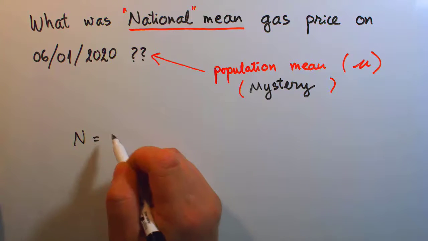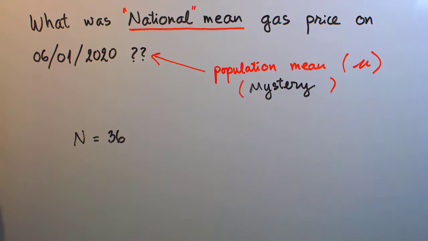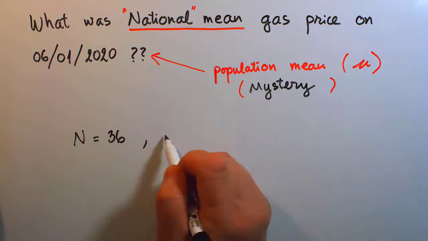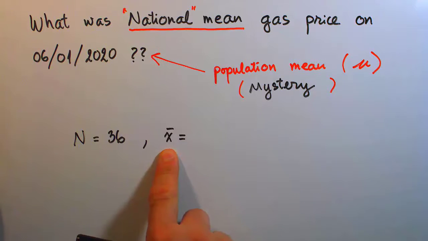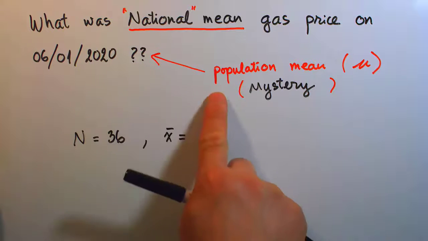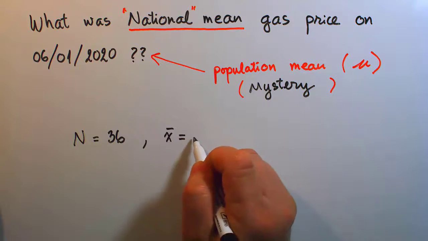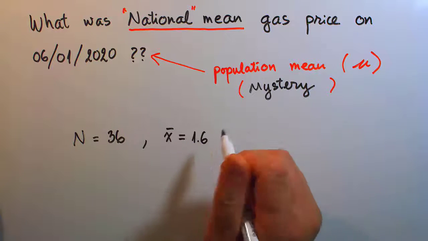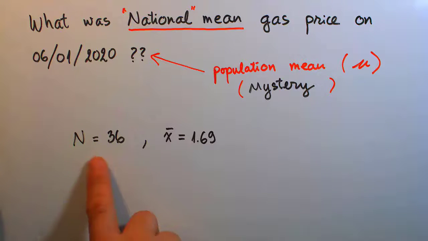The sample size here is 36 prices, and it gave me a mean value, which I have to clearly identify as a sample mean, because dangerously the question here is looking for the population mean, but we only found a sample mean of $1.69 from 36 randomly selected prices throughout the nation.